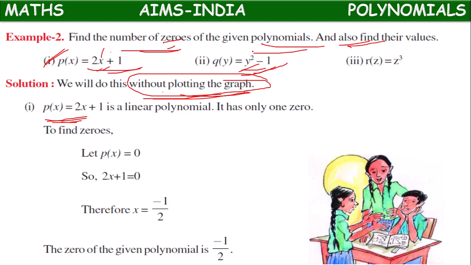In the second one, highest power 2, a quadratic polynomial. Third one, highest power 3, a cubic polynomial. Means we have to find zeros of a linear, quadratic, and cubic polynomial without plotting the graphs.